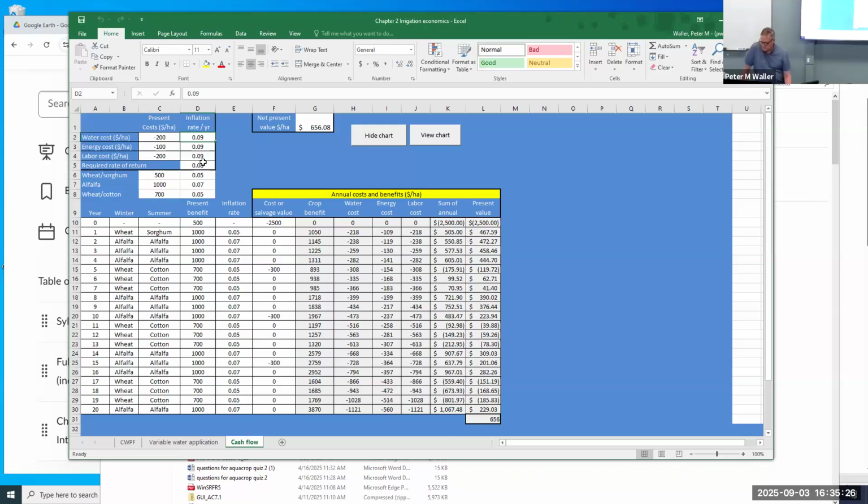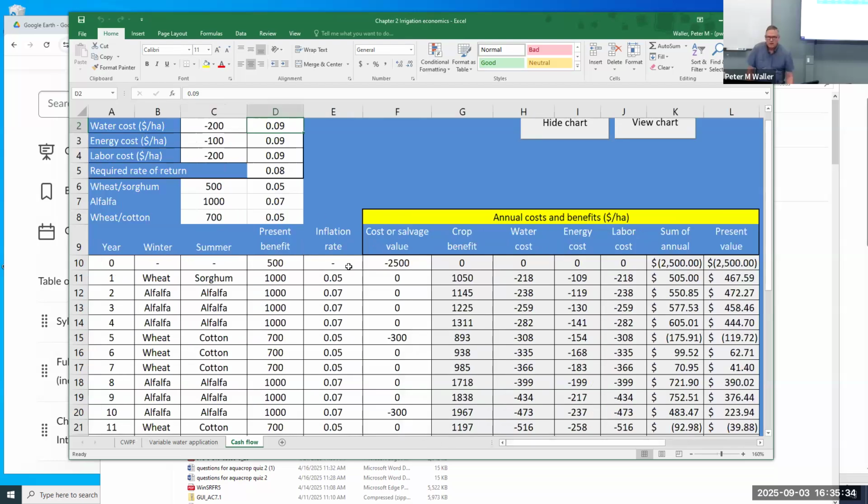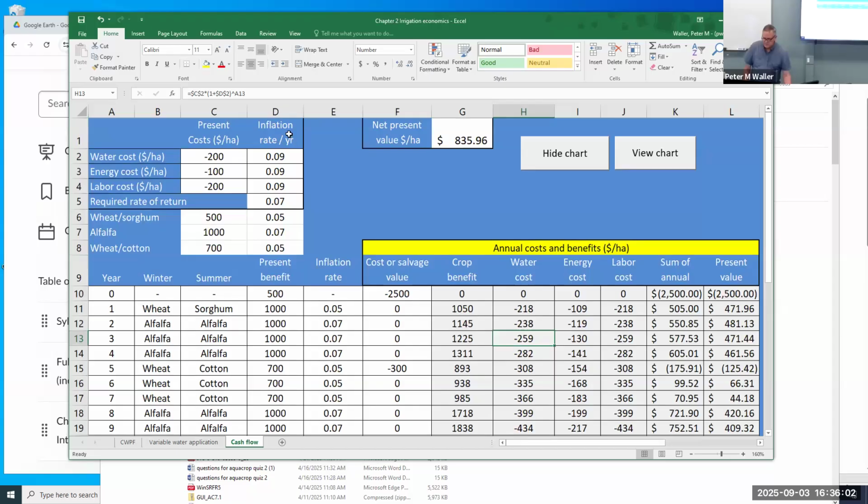So here's our required rate of return. And we decided we're going to use 7%, right? And what's in all these cells is a reference to the change per year.